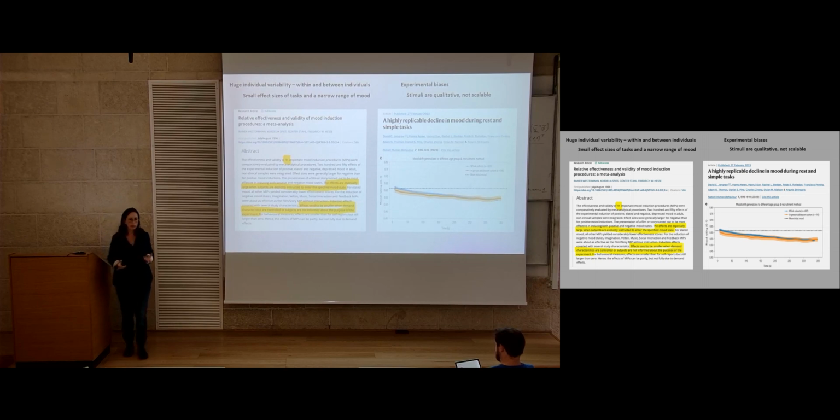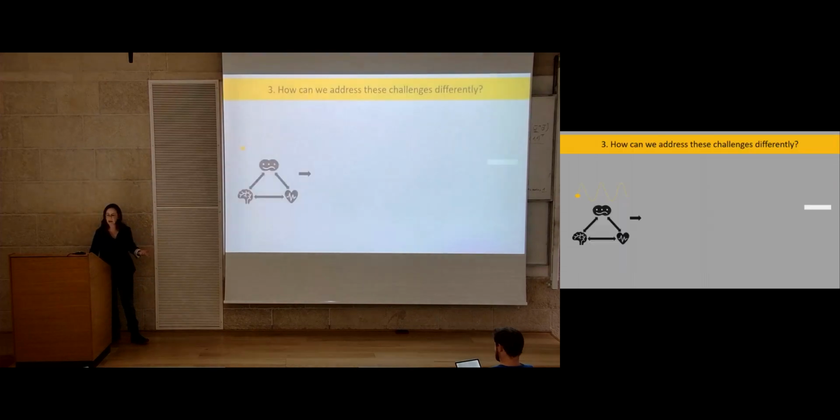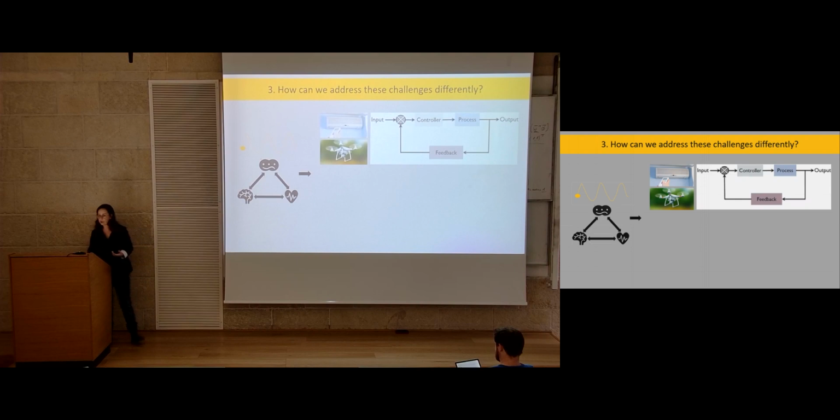We cannot make a movie 2.3 times happier, or parameterize our experiment. The stimuli are not quantitative; they are usually qualitative and very subjective. At the end of the experiment, we find out who responded to the experiment and who didn't. So how can we address all of these challenges?